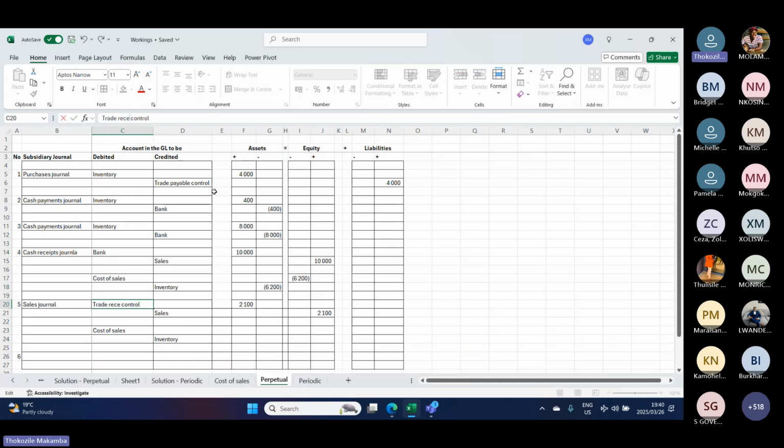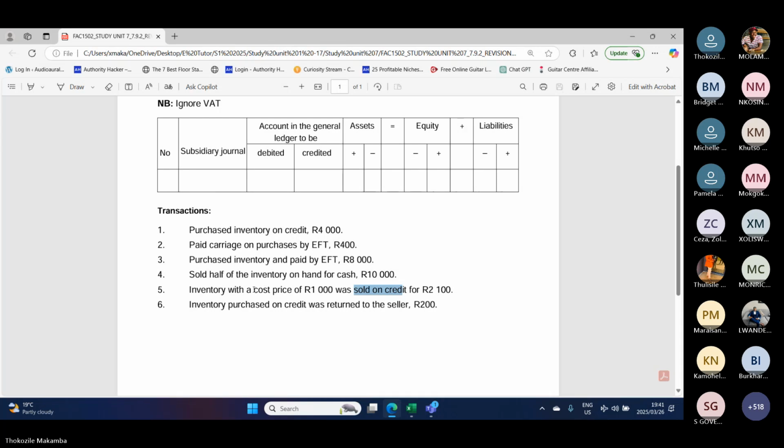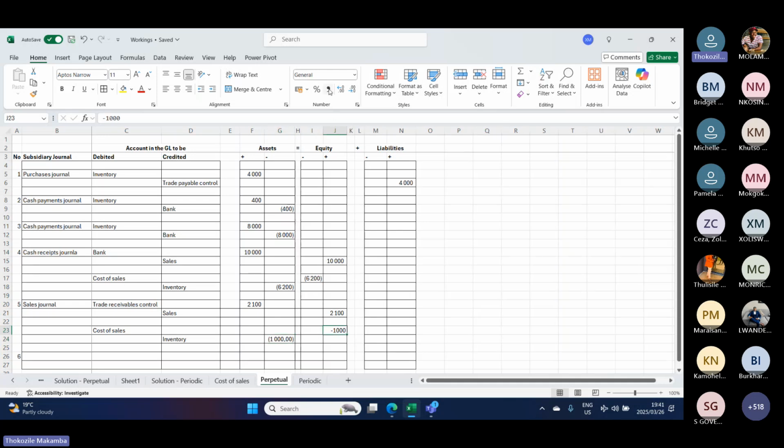Trade receivables, no problem. Trade receivables control, right? All right, and then the inventory. So cost of sales is an expense. Expense reduces equity by how much? By 1,000 rand, right? Because they told us that the cost of that inventory was 1,000. And then the inventory is decreasing by how much? By 1,000 rand as well. So therefore, we're showing that our assets are decreasing by 1,000 rand. Okay.